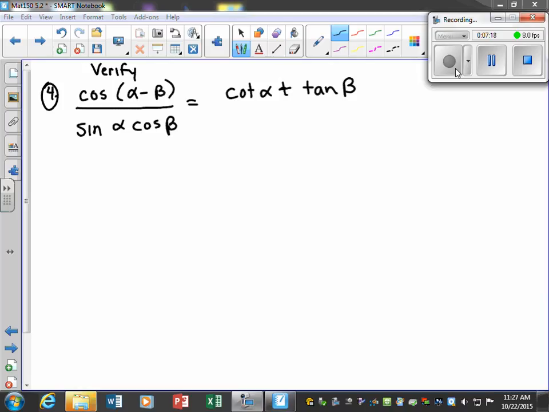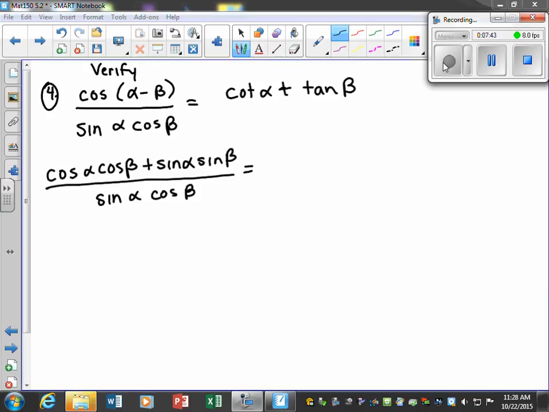Okay, we're going to verify this. This is the next one, so once you write it down, take a minute to do so. All we can do is use our tools. We have formulas for this. We're going to replace the cosine of alpha minus beta with what our formula tells us, put it over this, and see what happens and see if it simplifies.